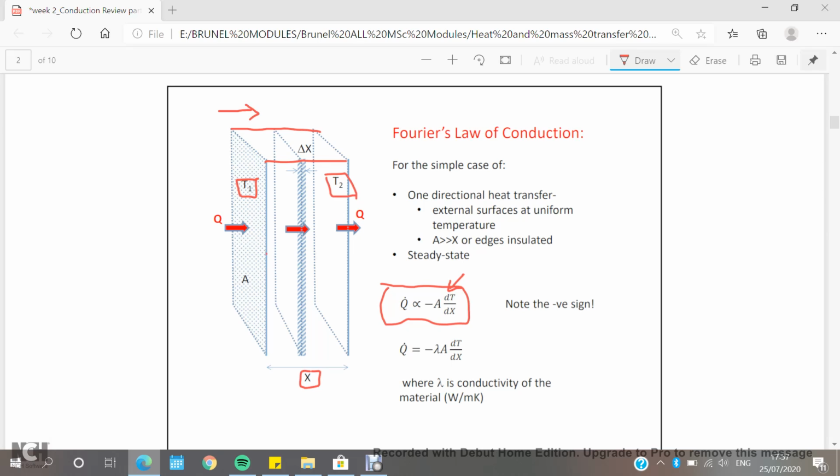So the temperature gradient goes down from this point to this point. The heat transfer rate, which is how much thermal energy goes through this material per second, is directly proportional to the surface area times the temperature gradient. The negative sign here is related to the temperature gradient, and I will show you how it works later.